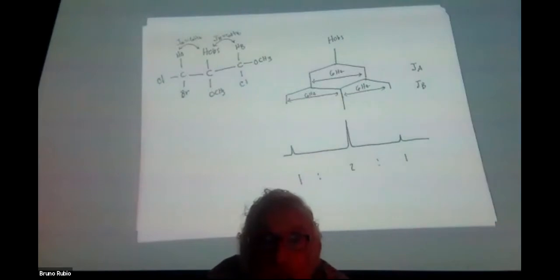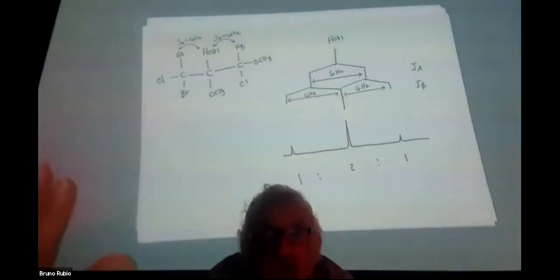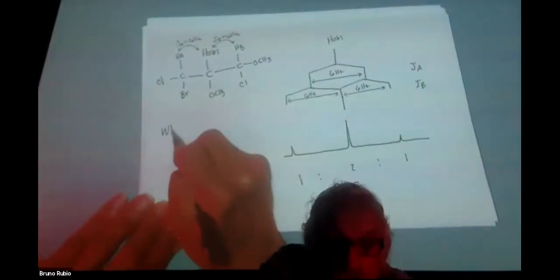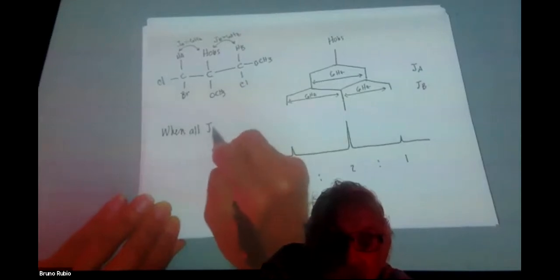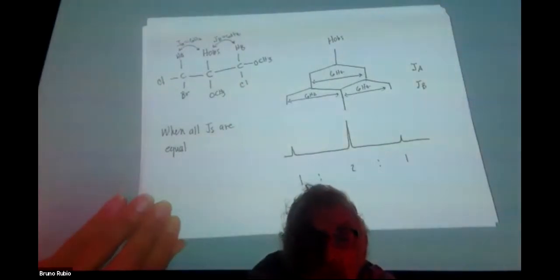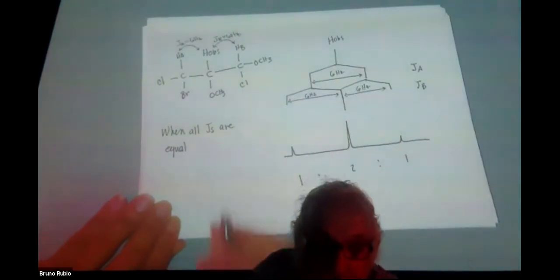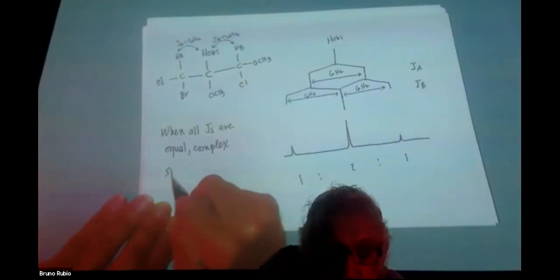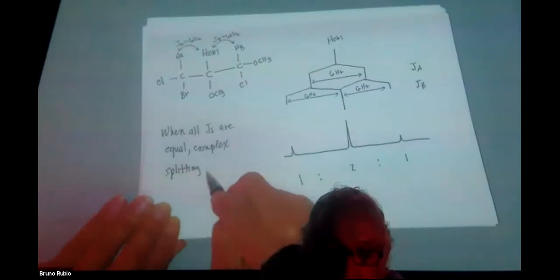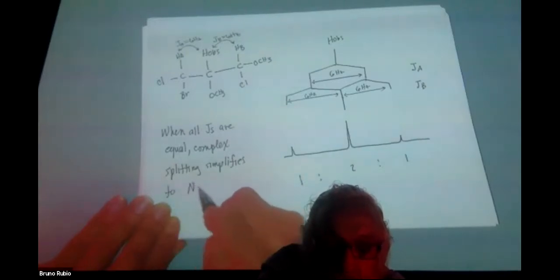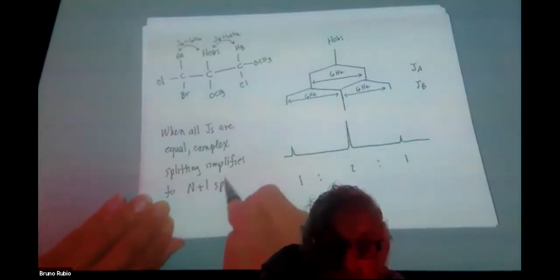So the important thing to notice here is that when all the J's are equal, the complex splitting pattern simplifies to a simple n+1 splitting.